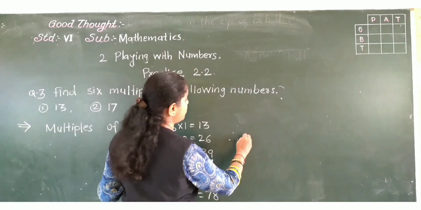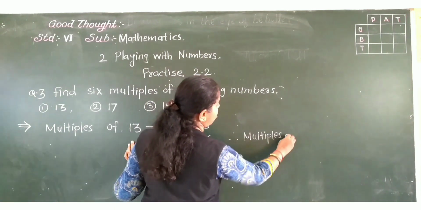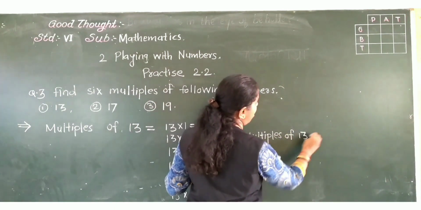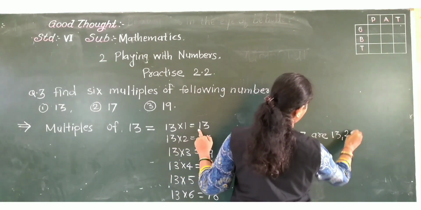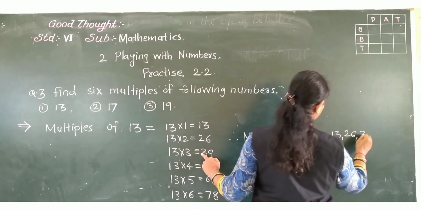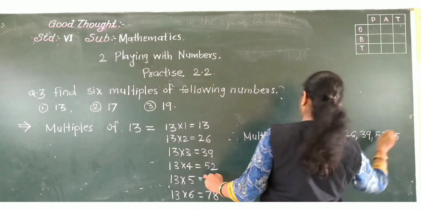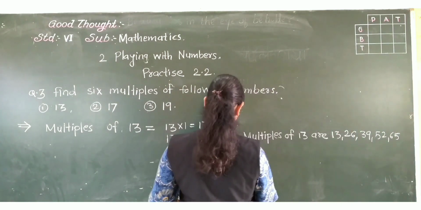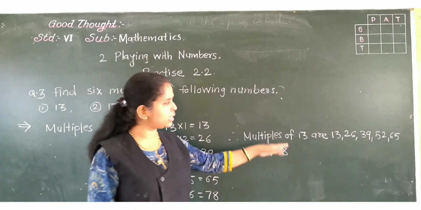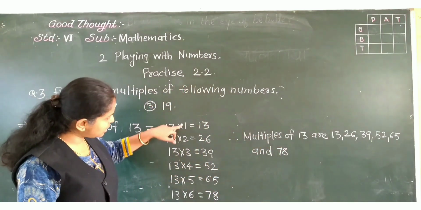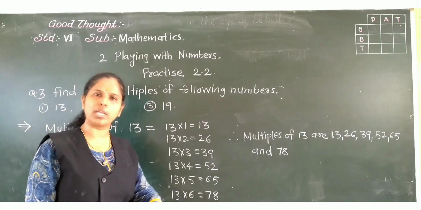Therefore, multiples of 13 are 13, 26, 39, 52, 65 and 78. Any 6 they ask. So by any 6 numbers I have multiplied. Here if they ask more, then more numbers you can multiply.